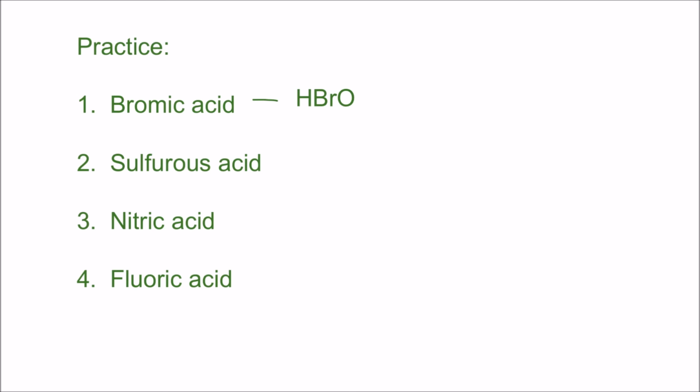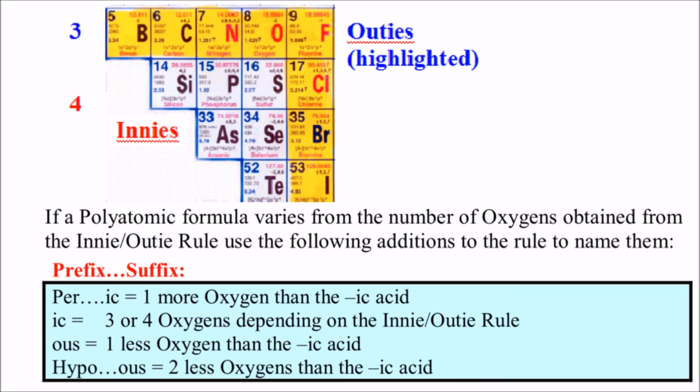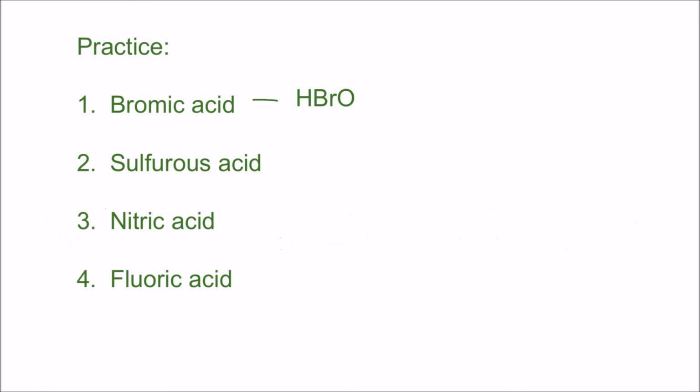Alright, cool. Now I need to figure out how many oxygens I'm supposed to have here. Since this ends with ic acid, I can just go look at my any-outie rule and see how many oxygens I have to have on bromine for it to get to end with ic acid. Bromine is an outie, which means it needs 3 oxygens to end with ic acid.